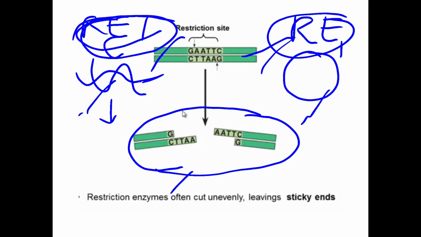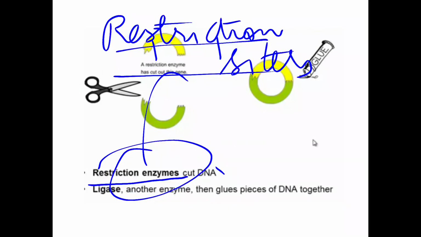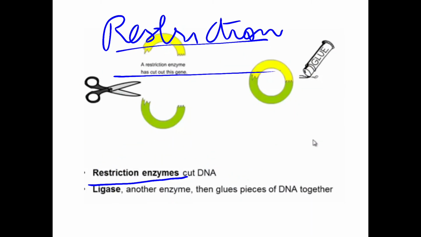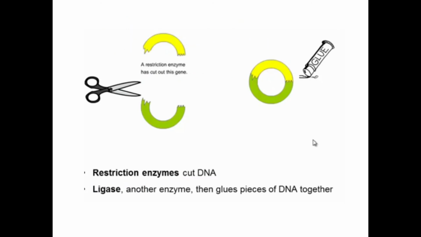If both the sticky ends are of the same kind, then they will easily ligate by another enzyme, which is DNA ligase. After restriction enzyme, the other major enzyme is DNA ligase. DNA ligase is the enzyme which glues two pieces of DNA together, right?